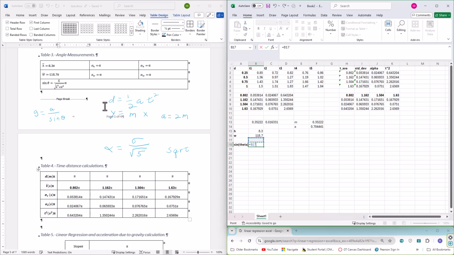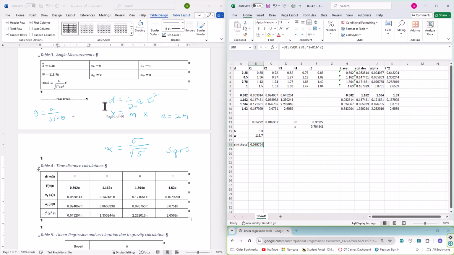That's going to be h, divided by, just hit the divided by key, square root, sqrt, parenthesis, h squared, there's h, shift 6 for the hat, squared, plus w squared, that is that value right there, shift 6, w, 2, sorry, close the parenthesis, that is sine of theta.